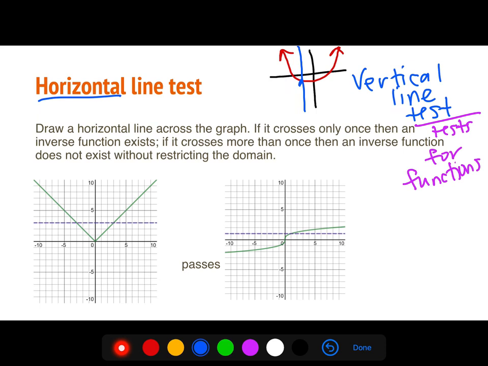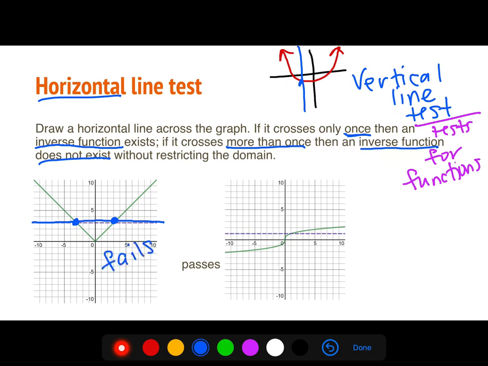But we're going to look at a different one called the horizontal line test. So you draw a horizontal line, that's the one that goes the opposite direction, it's flat. If it crosses once, then an inverse function exists. More than once, then there is no inverse function. So I'm going to draw a horizontal line.